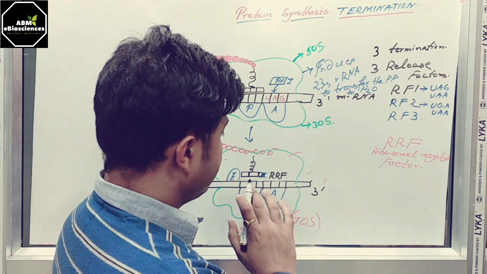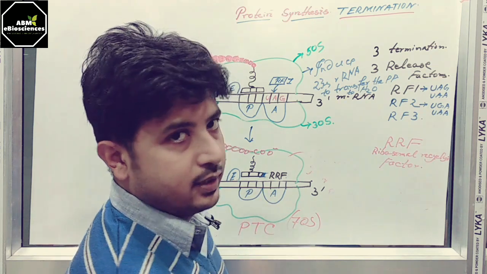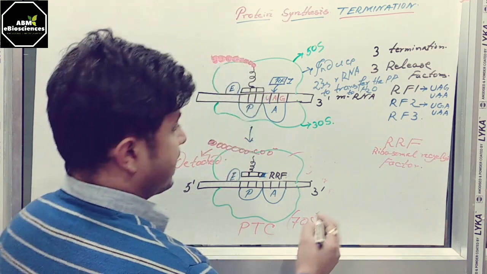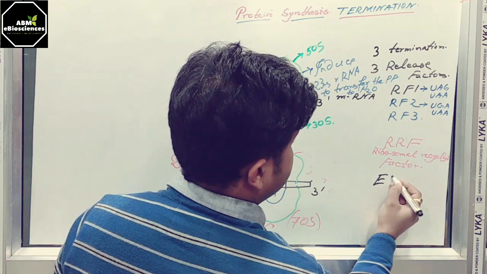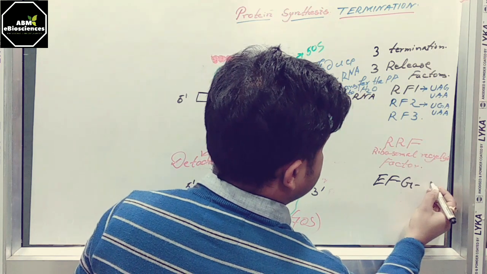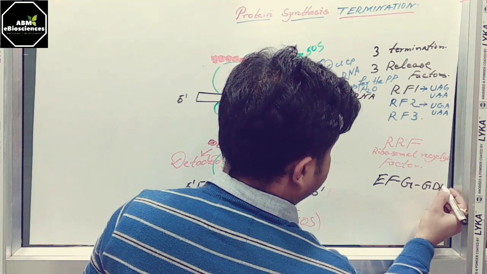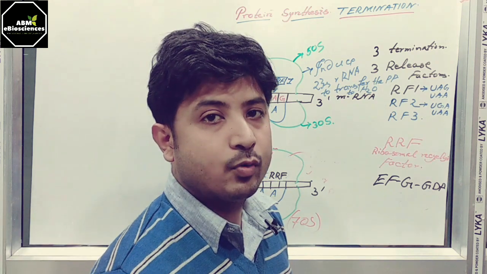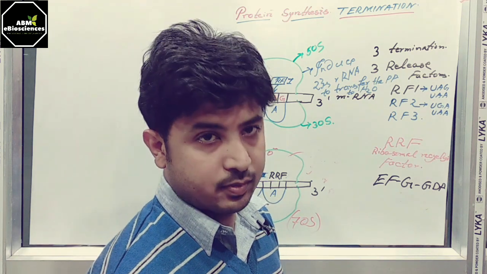So now RRF is bound to the A site, releasing the RF3. After RRF binds as a tRNA analog to the A site, here comes another one, which you already know, EF-G GDP. EF-G you have studied in the elongation process, where it helps in translocation.